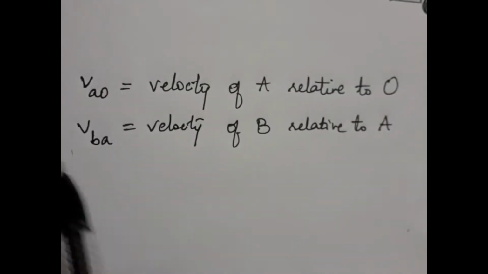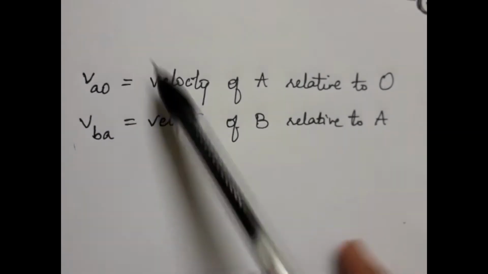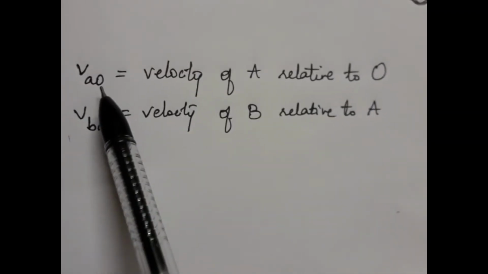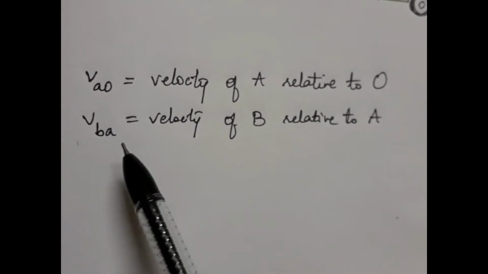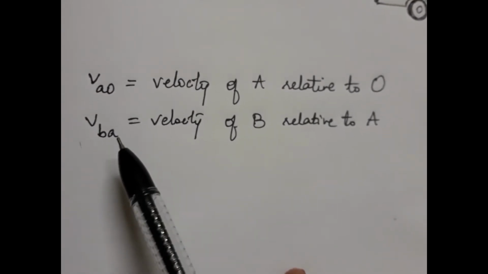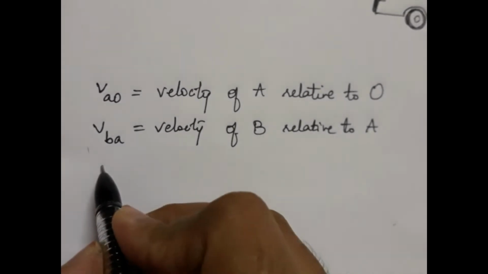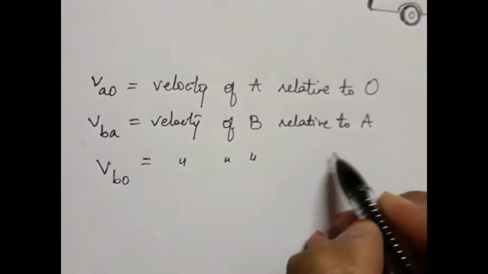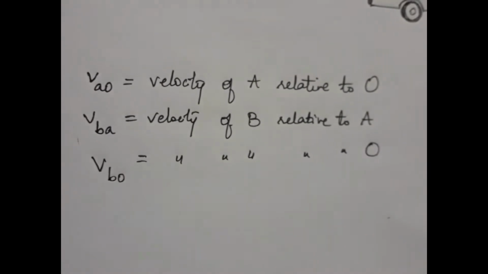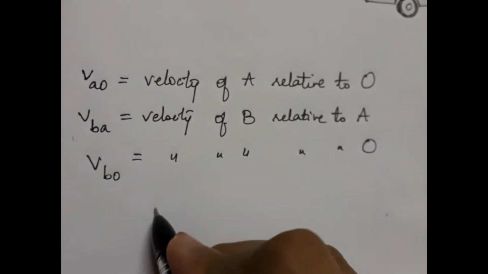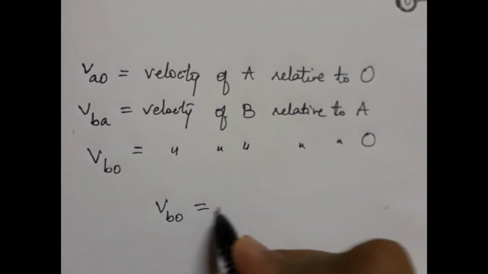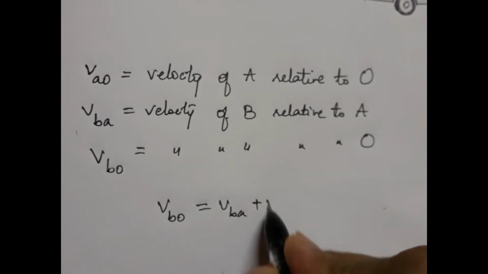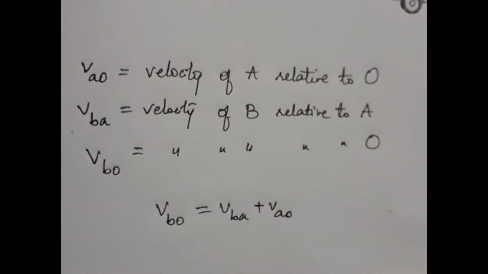That is, if VAO is the velocity of A with respect to O, and if VBA is the velocity of B with respect to A, then VBO, the velocity of B relative to O, will be VBO = VBA + VAO.